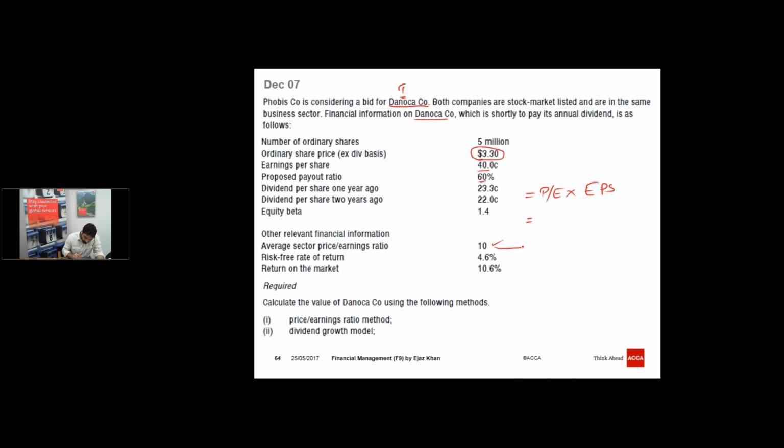We'll take the industry PE ratio in this case and multiply it with the earning per share of Denoka company, which is 40 cents. So 10 into 40 divided by 100 in order to convert it into dollars, it will be $4 per share. Right? Is it $4 per share?